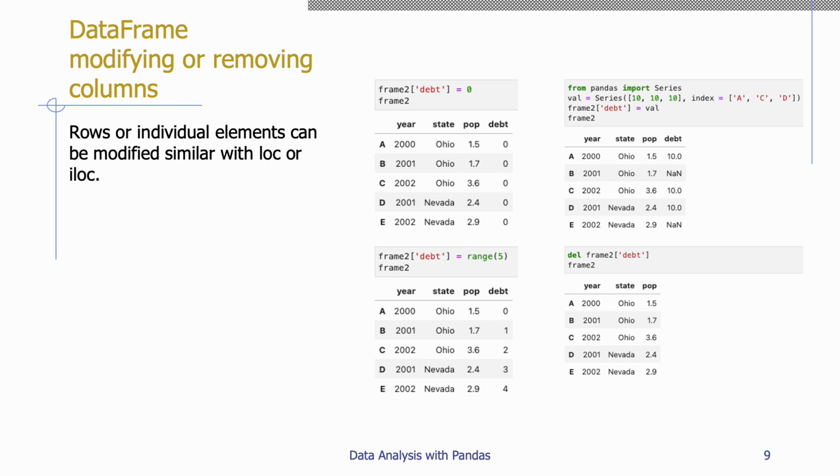Okay, moving forward on the right hand side, we can assign some values using the Series object type within Pandas, right? We can specify only certain rows that we want, such as only the A, C, and D rows as 10 in this example. In that case, B and E will be assigned None. Okay, so we can also delete a column using the del method as in the last example.